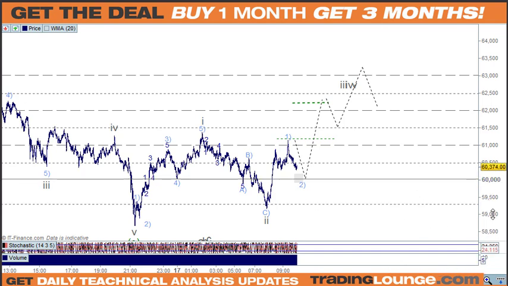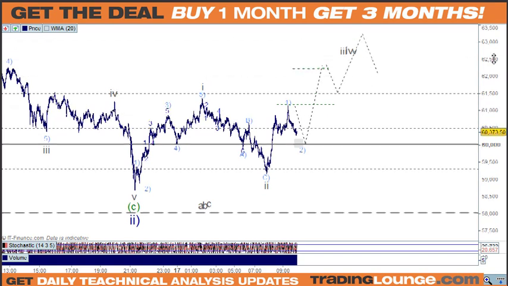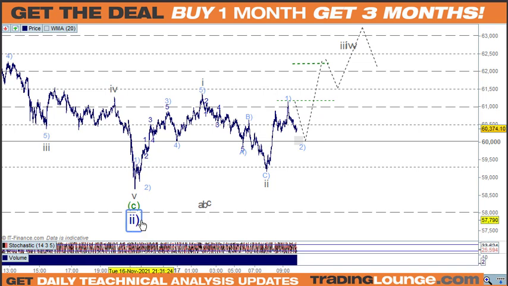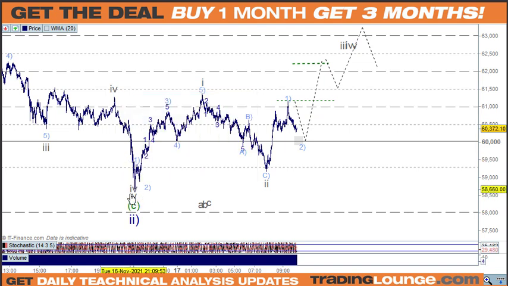So look, this is all very thrilling and exciting. I don't know which one is going to play out. This is my primary one here. I like this. It's all looking quite good. But as always, we just need to be a little bit careful. I mean, it's possible that this little wave 4 here as a wave 3 here and an A and a B and a C for wave 4 is definitely there.